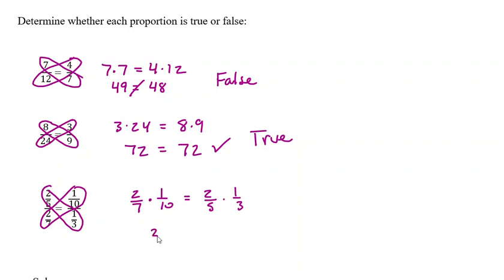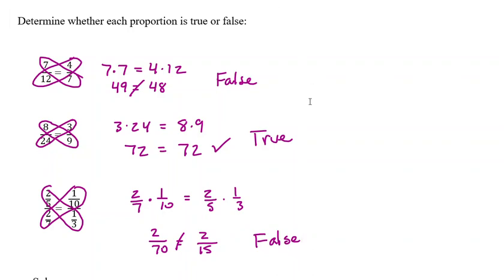So 2 times 1 is 2, 7 times 10 is 70, 2 times 1 is 2, 5 times 3 is 15. Oh dear, not anywhere close to being true. So this is false. And you can see that once we take the cross products, it's really easy to evaluate whether these are true or false.